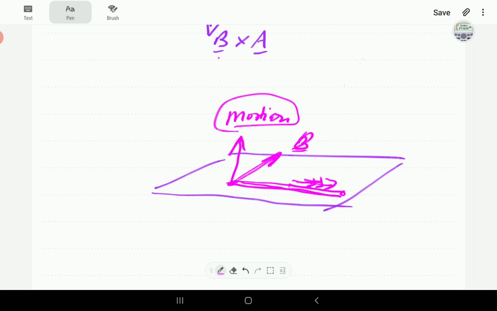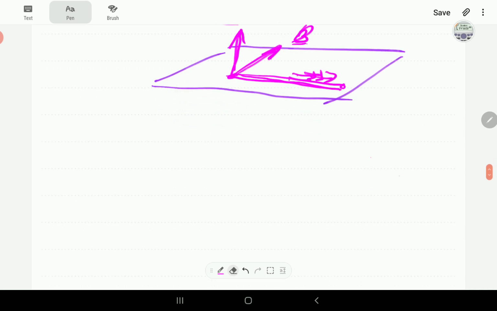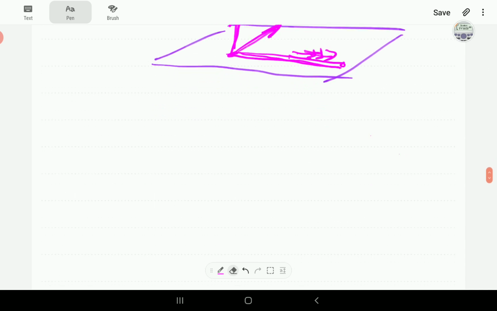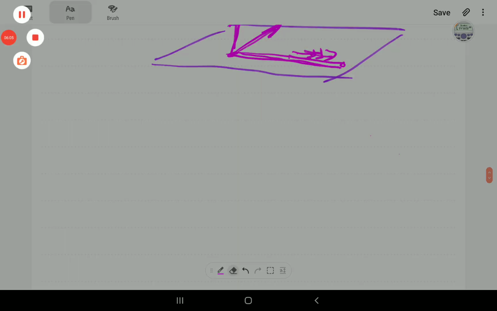Similarly, if you have a current in a magnetic field, and then you move, the direction of the current induced is going to be determined by the cross product. Alright, so that's just one application. Let's look at the properties of the cross product.